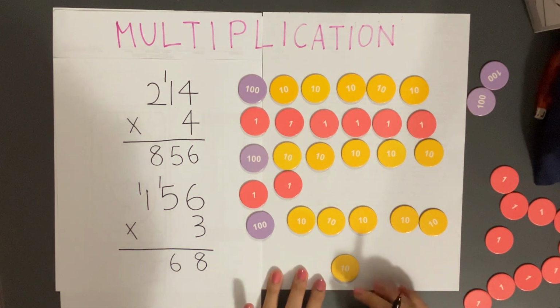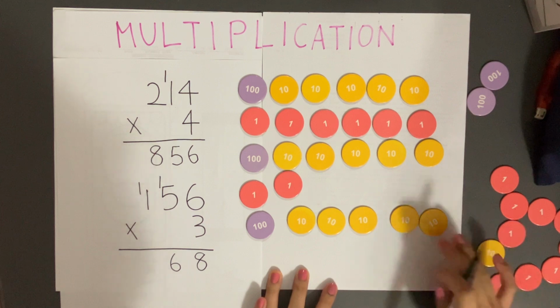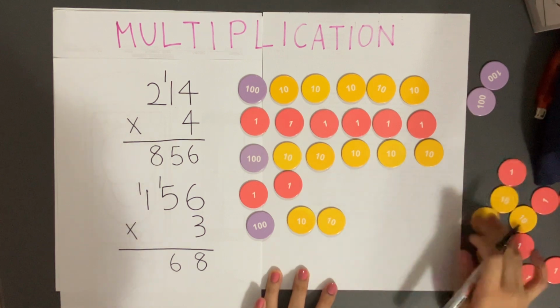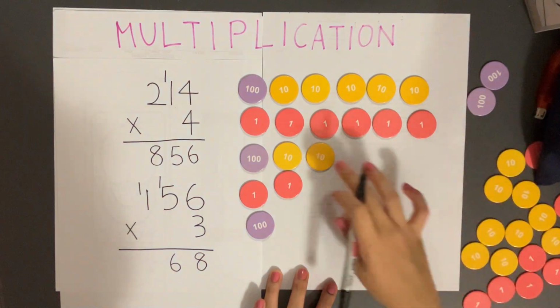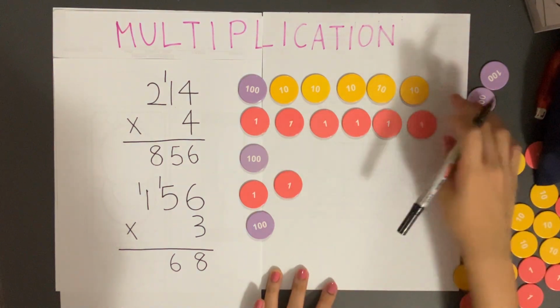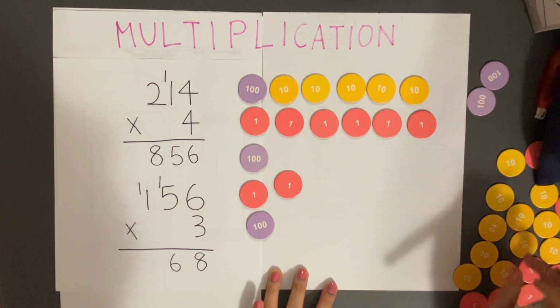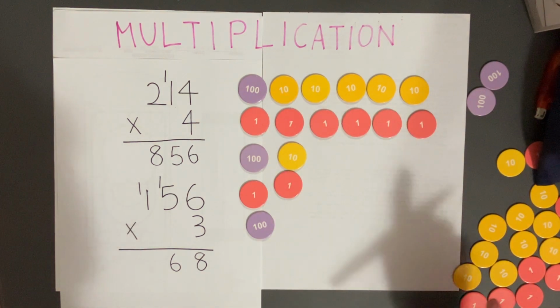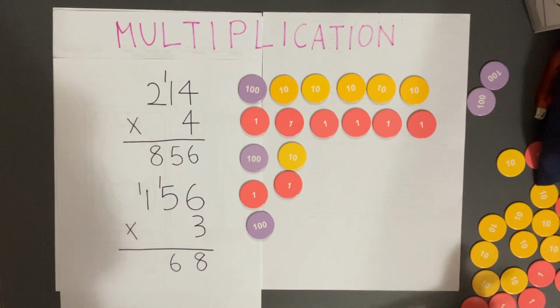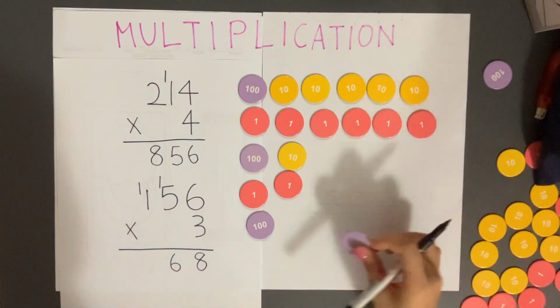I'll take away 10 tens. 1, 2, 3, 4, 5, 6, 7, 8, 9, 10, 11. Oh, I took away too many already, so I need 10. And when I exchange my 10 tens, I need to exchange it for 100.